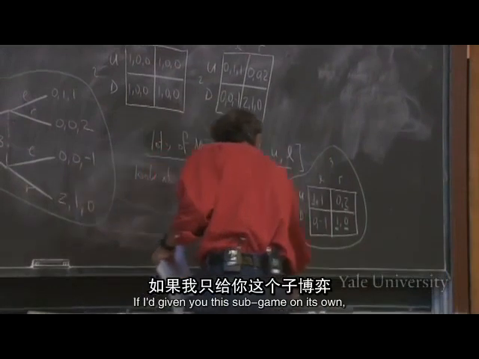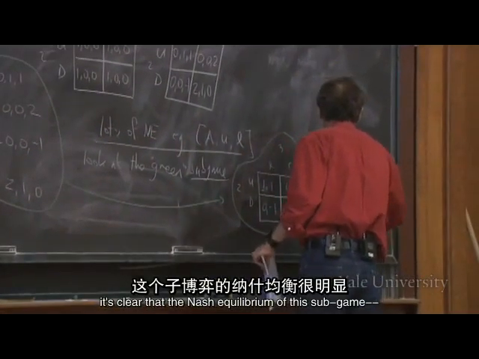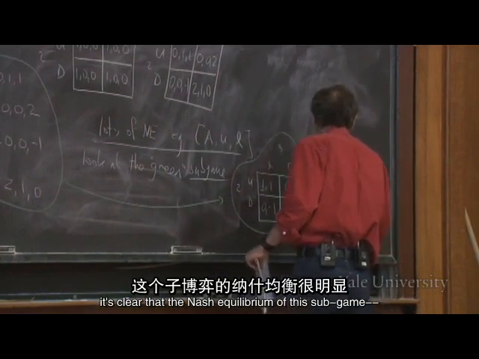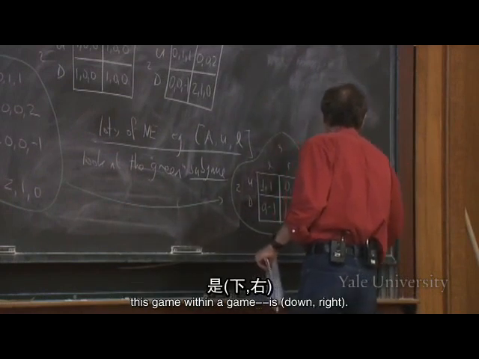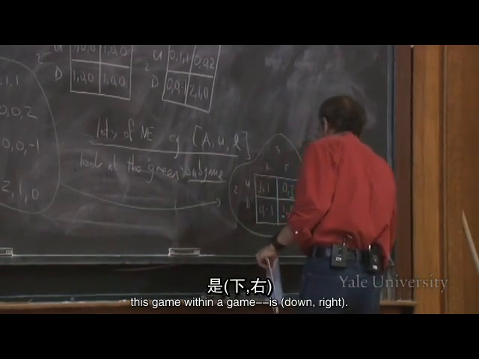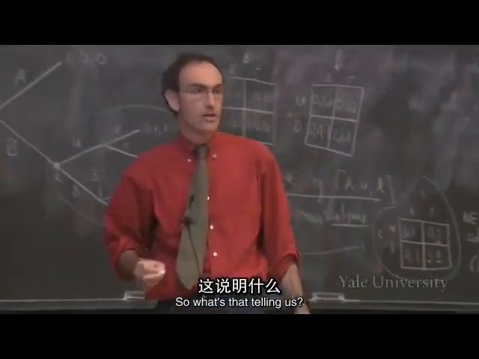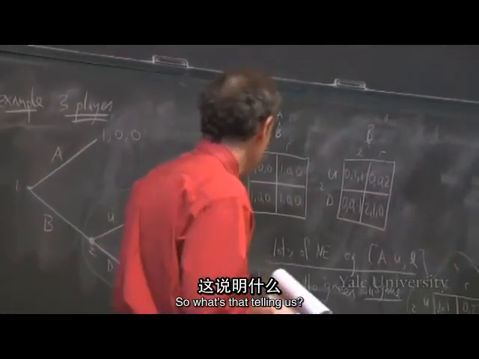If I'd given you this sub-game on its own, it's clear that the Nash equilibrium of this sub-game, or this game within a game, is down right. It's down right. So what's that telling us?